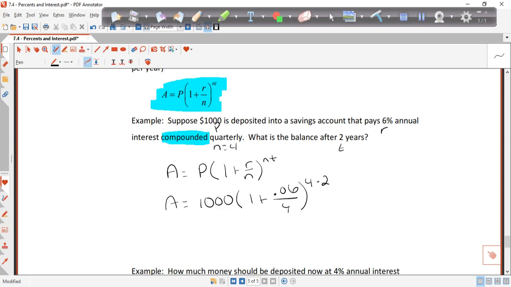Now this is the only time I say go ahead and multiply something in the calculator, and that's go ahead and get this exponent. 4 times 2 is 8. So then type in 1,000, open parentheses, 1 plus 0.06 divided by 4, close parentheses, to the 8th power. And you should get $1,126.49.